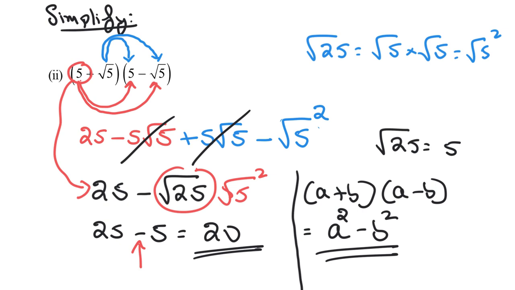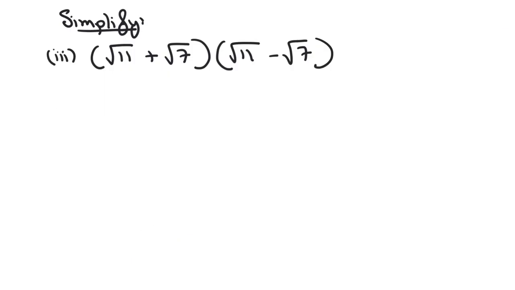Let's move on to the next simplification. Let us simplify this. (Root 11 plus root 7) times (root 11 minus root 7). We know how to open the brackets. Take every single term in the first bracket, multiply with every single term in the second bracket, then simplify.